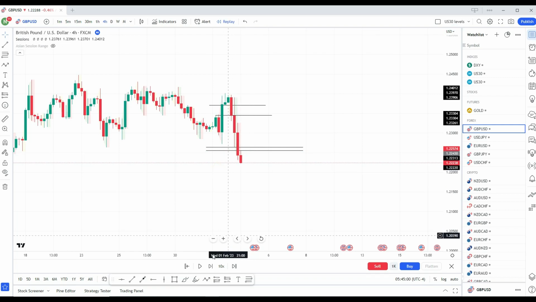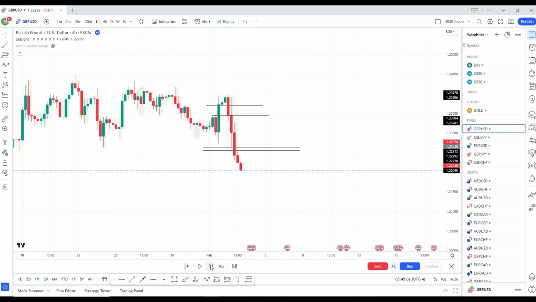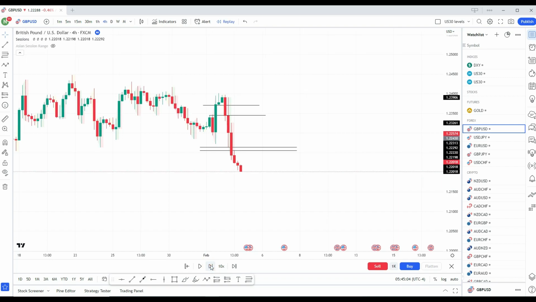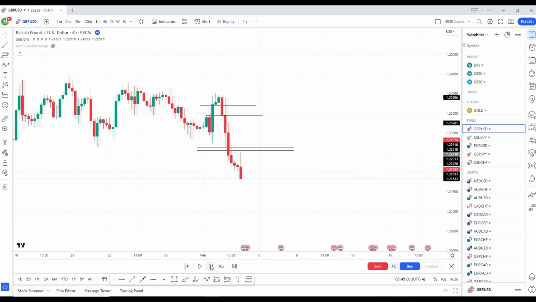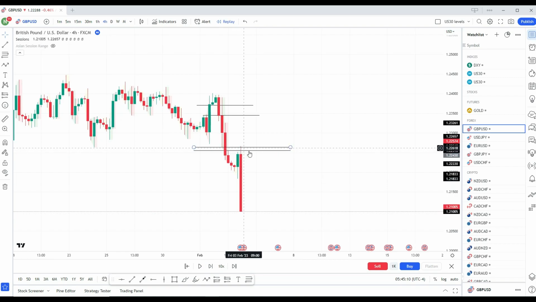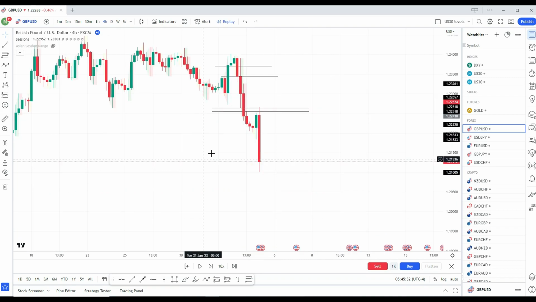Let's see if the market will fill that. Good. This is a fantastic example. So the market will always return to fill the gap, the inefficiency or the imbalance, before its continuous movement on a downtrend.